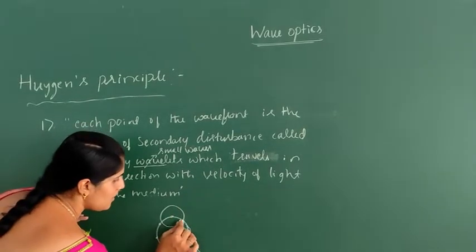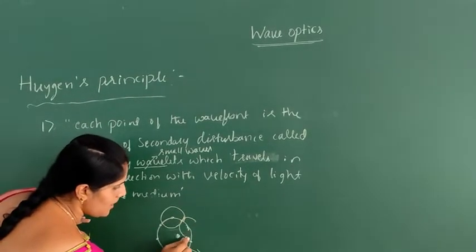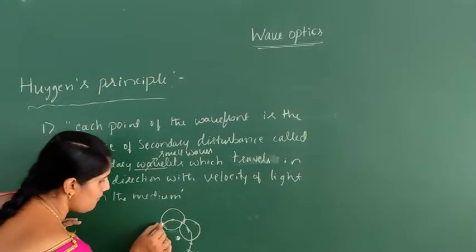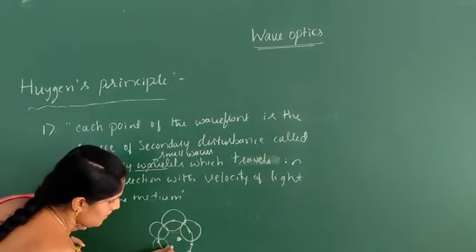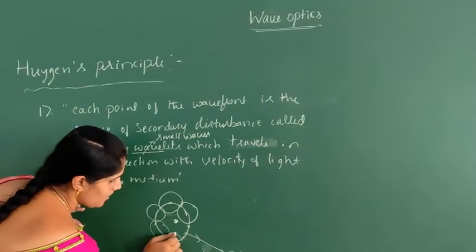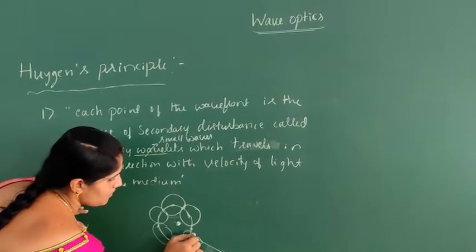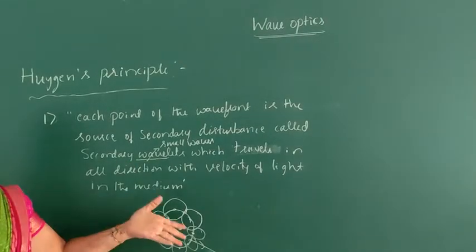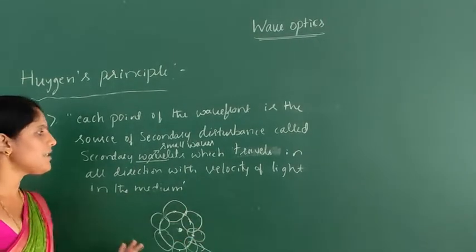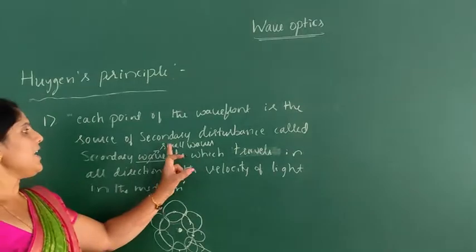Each point emits small waves that are called secondary disturbance, like this. Those small waves are known as secondary wavelets.